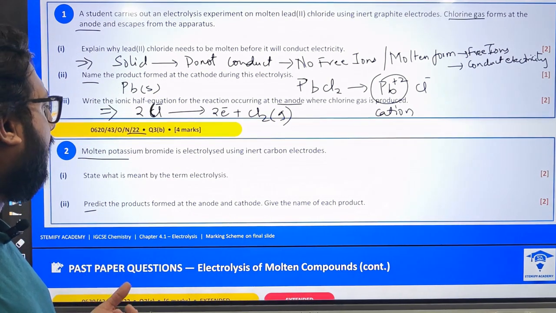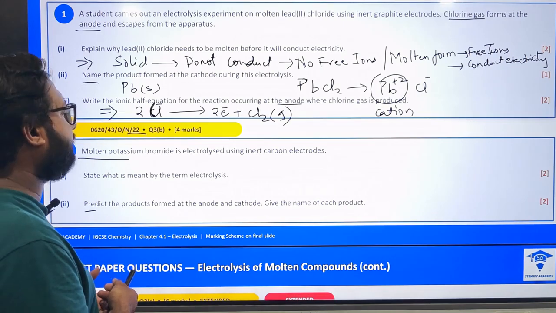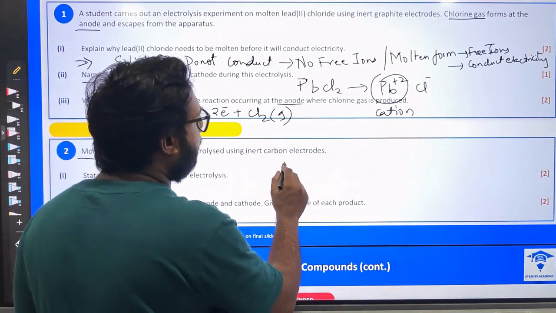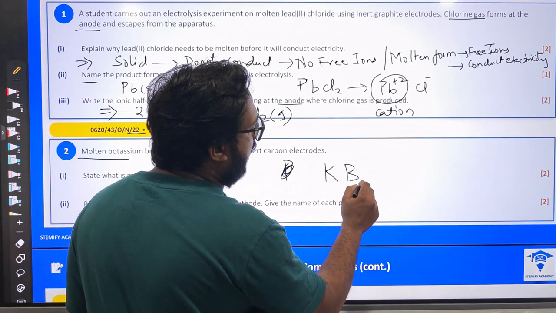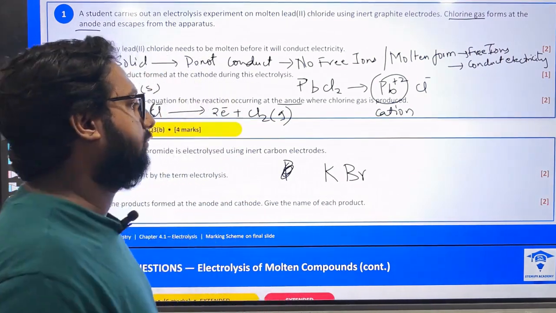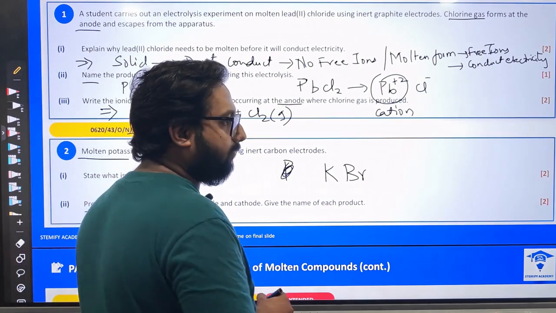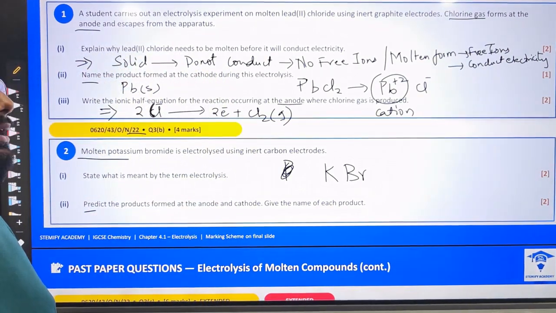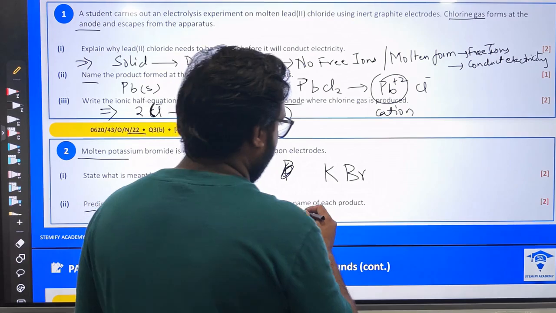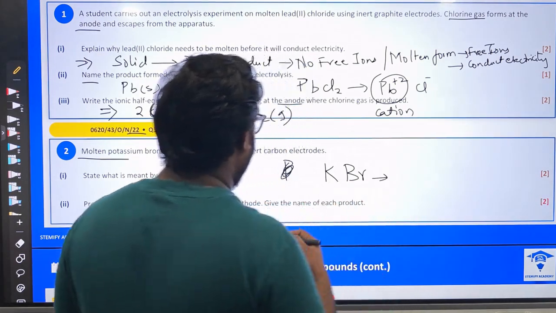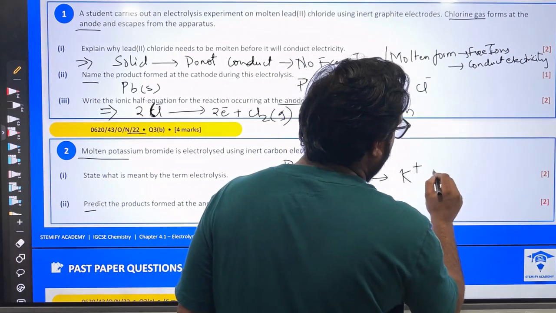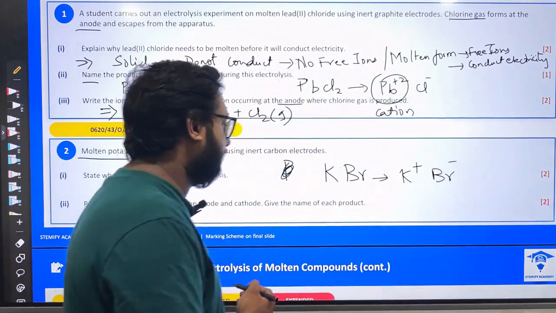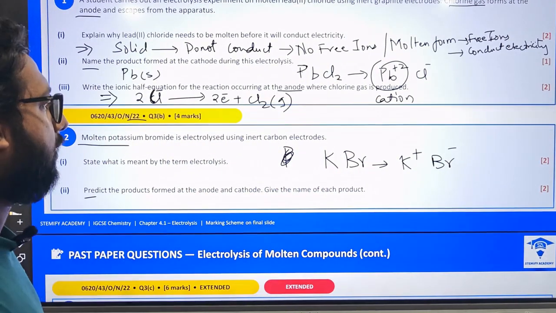So what are we using as our electrolyte? It is potassium bromide. Potassium bromide is KBr. So when it is in the molten form, you get K+ and Br-. So what are the products formed at cathode and anode?